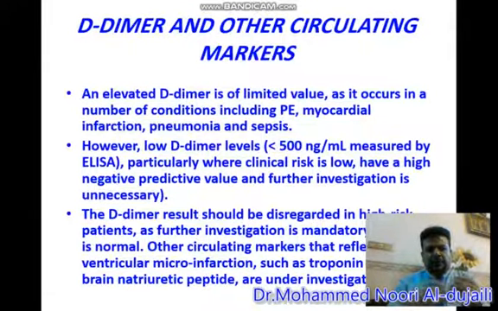D-dimer may increase in sepsis, pneumonia, myocardial infarction, and other conditions, so it must be investigated to exclude pulmonary embolism. If negative, it has a high negative sensitivity, but if positive, another disease may need to be excluded, as we mentioned.